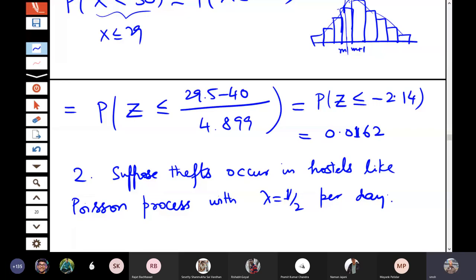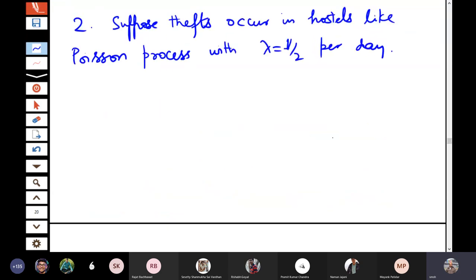Okay, suppose thefts occur in hostels like a Poisson process with lambda equal to half per day. That means monthly it will become 15, on the average.